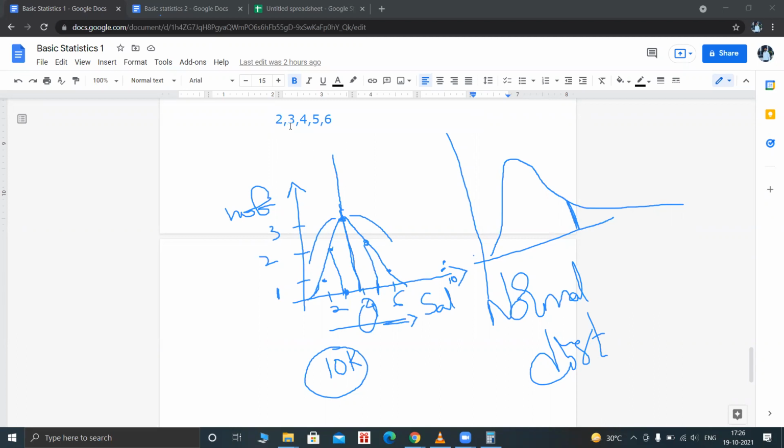When you arrange them in ascending or descending order, the median will be 4, the middle value, right? So here the mean is 4, and the median is also 4, right? So let me write it here: mean is 4, comma, median also 4.